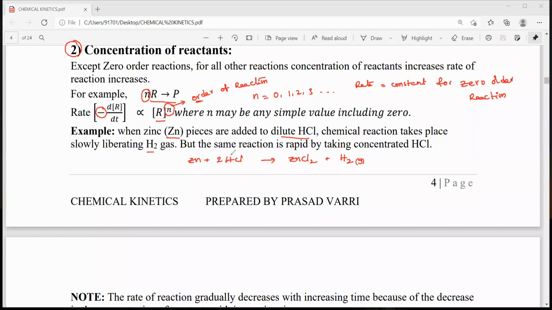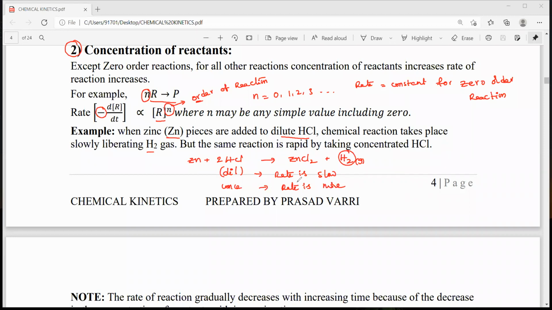If dilute HCl is used, the reaction rate is slow. If concentrated HCl is used, the hydrogen gas is liberated very fast, so the rate is more.